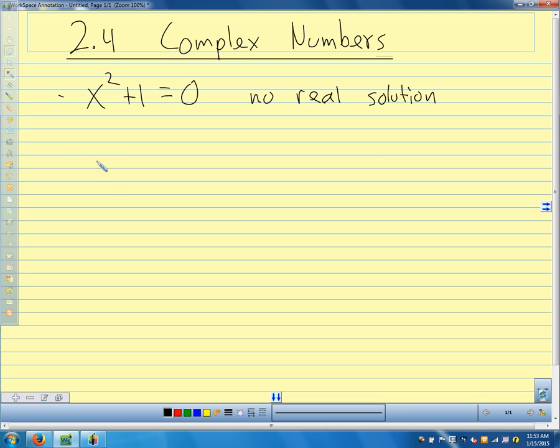Mathematicians came up with this number, i, which is the square root of -1. And it has this nice property that i squared equals -1. So we call i the imaginary unit.